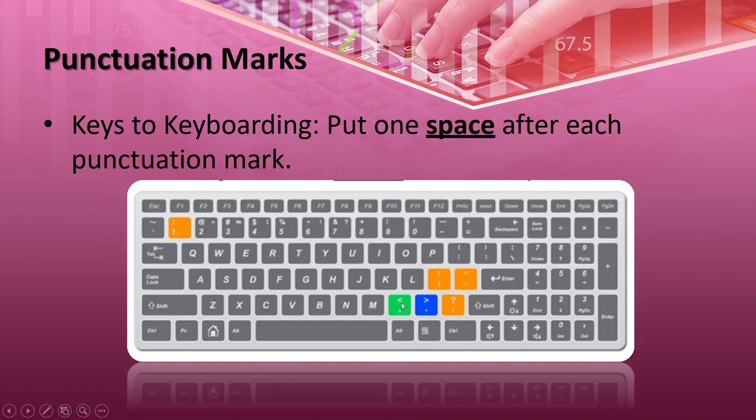Now you understand the punctuation marks on the keyboard, which key, which hand and which finger we use to press them. After pressing a punctuation mark, we have to come back to our home row. This is our home row, the middle row.